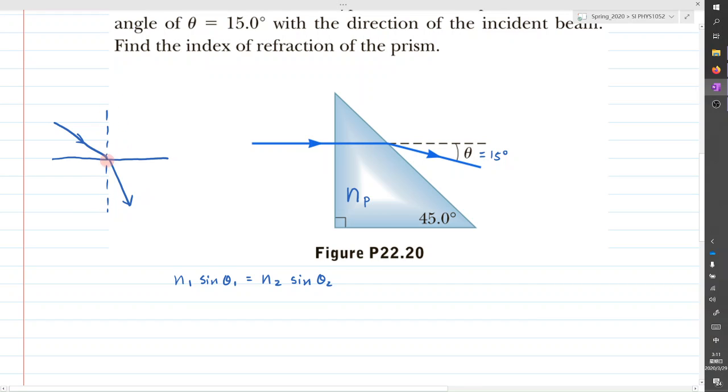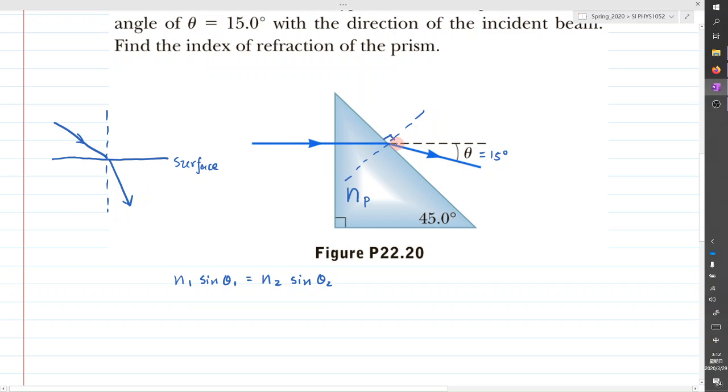The normal is represented by the dashed line here. This is the surface. The normal wasn't drawn on this triangle yet, so we're going to draw that. It looks like a right angle, so this is 90 degrees. This is the normal to the surface of the hypotenuse.